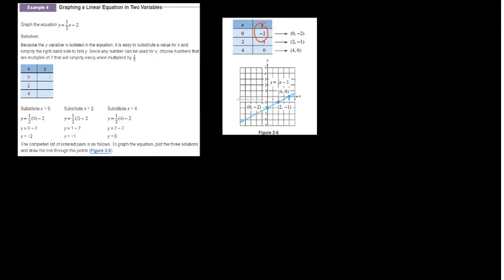And then again, just plugging those numbers in, we end up getting these values of y out. By getting those values of y, we now have coordinates, and then we plot those coordinates. Absolutely nothing different than what we just got done doing. It's just that now we have a fraction there.